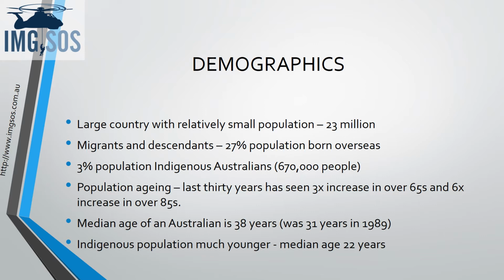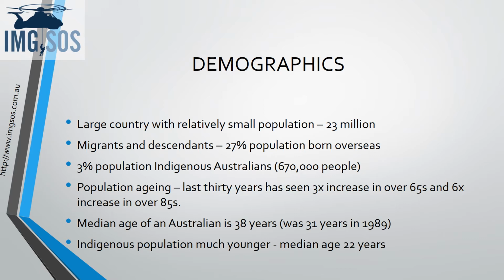So what that means is that the median age of an Australian is now 38 years of age. Doesn't sound very old, except the median age of an Australian in 1989 was only 31 years of age. That's quite a large jump in a relatively short period of time. The Indigenous population, however, is much younger. The median age for an Indigenous Australian is 22.